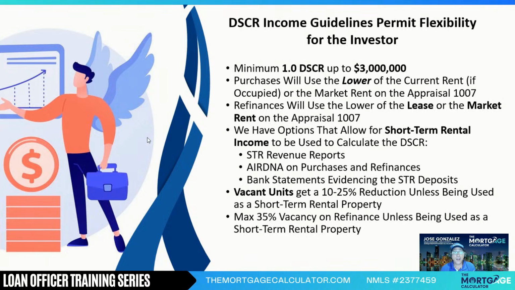Now, there have been some changes in this program since the last presentation, because the market is evolving, right? We mention this all the time, how non-QM's liquidity is increasing. And when the liquidity increases, that means there's more players in the secondary market looking to buy this type of product, right?